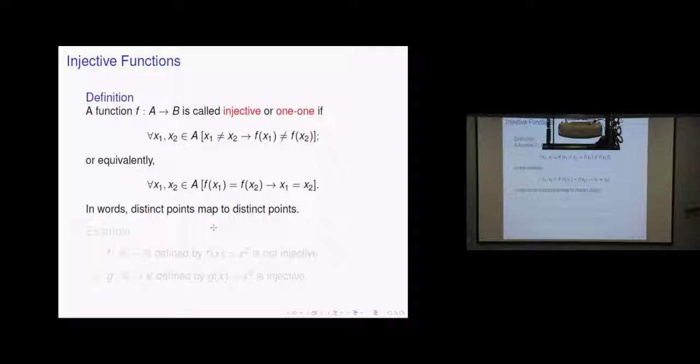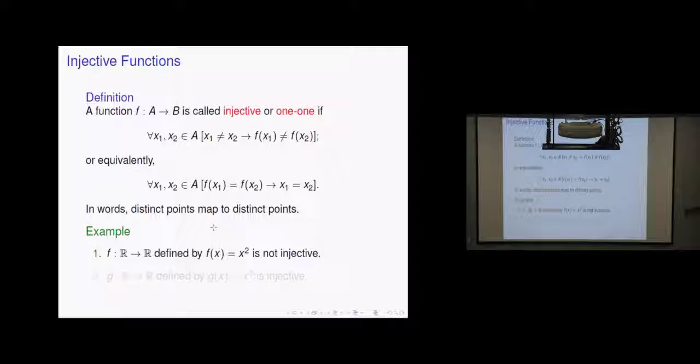So if you don't like these not equals, you take the contrapositive, and it becomes: if the images are equal, then x1 equals x2. Right? If f(x1) equals f(x2), then x1 equals x2. So these two are equivalent. But the important thing is distinct points map to distinct points.